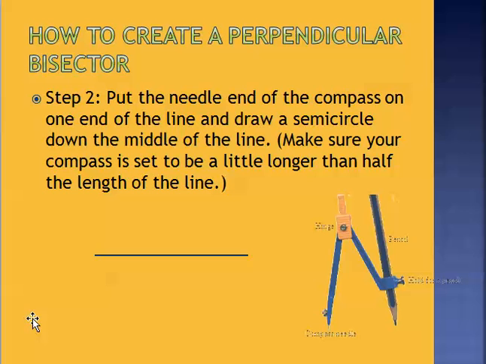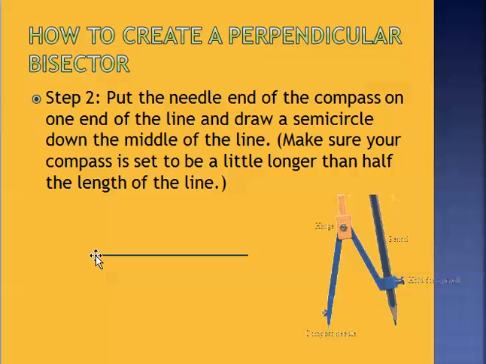Okay, step 2, you will need to put the needle end, which is the pointy end, of the compass on one end of the line. So we're going to choose this end first. You put the needle point there, and then you draw a semicircle down the middle of the line.